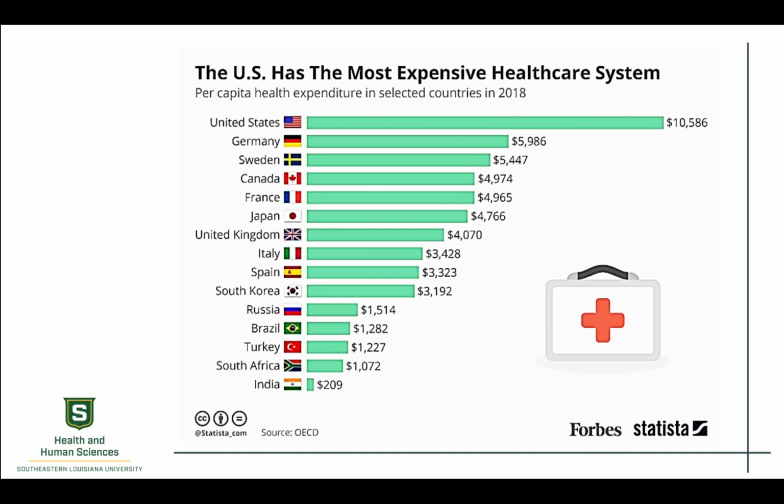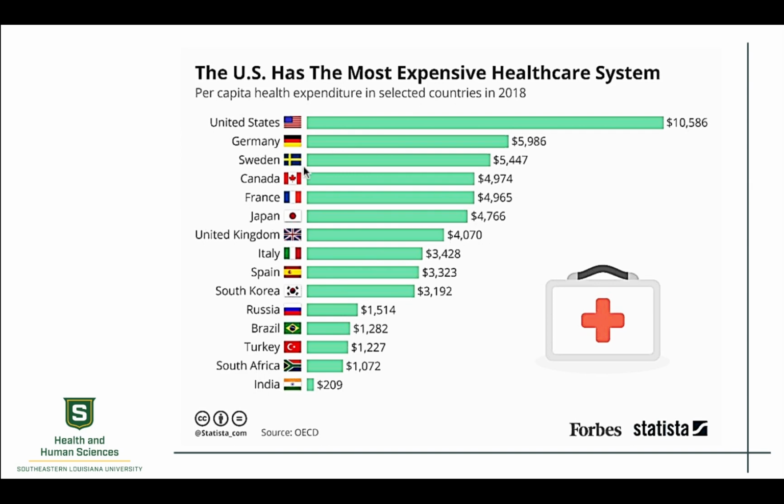However, you see places like Spain at around $3,000 per resident, and then you have India at a much lower number, $209 per resident. But one thing you're going to notice is that most of the countries on top are countries that are technically seen as developed countries.